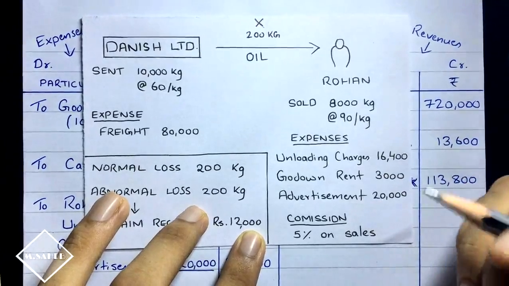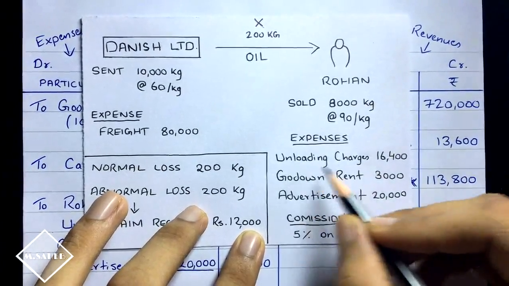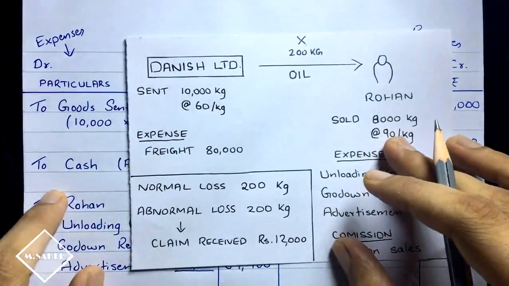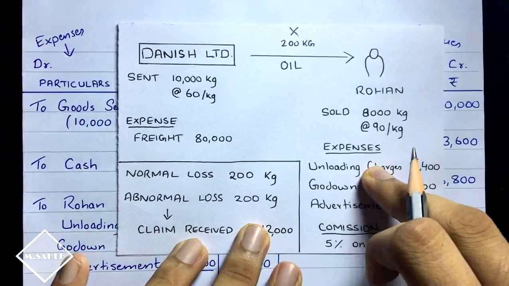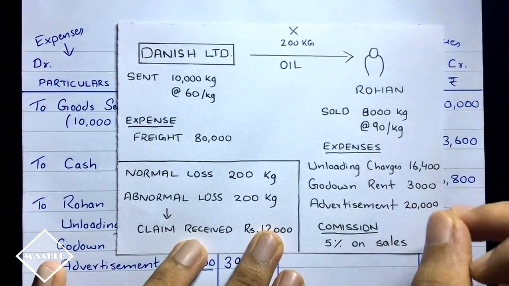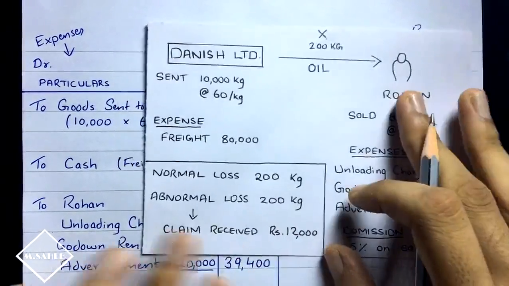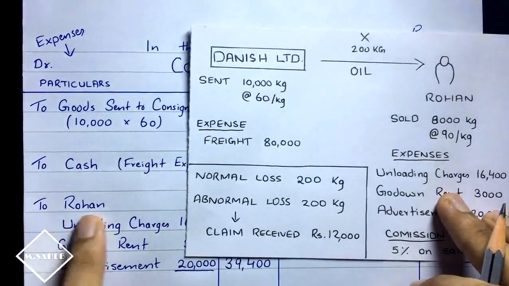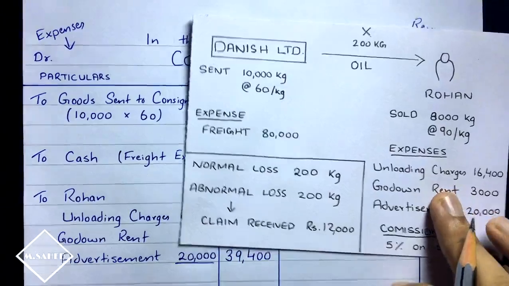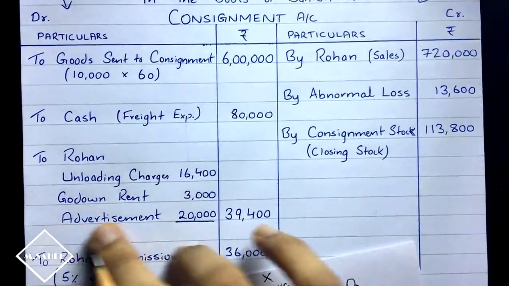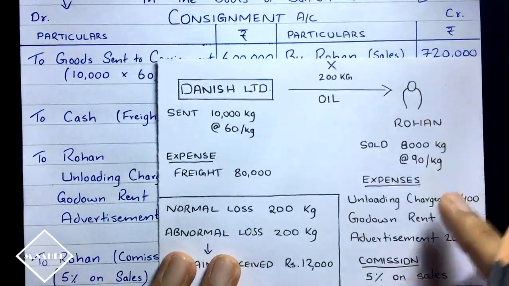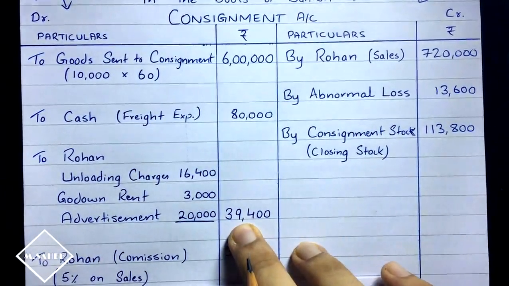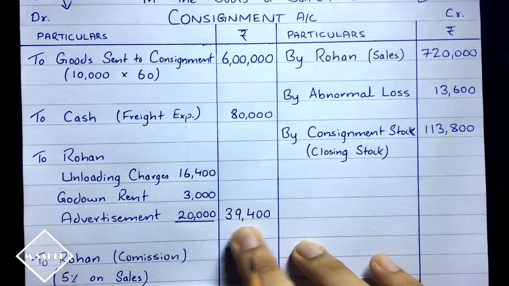So it is a non-recurring expense. But I told you, all expenses are taken into the consignment account, while only non-recurring expenses are considered in the valuation of abnormal loss and closing stock. So here we take the expenses on the debit side as usual, to Rohan, because Rohan incurred these expenses. Unloading charges, godown rent, advertisement: 16,400, 3,000, 20,000. Add them and take the amount outside, so 39,400.